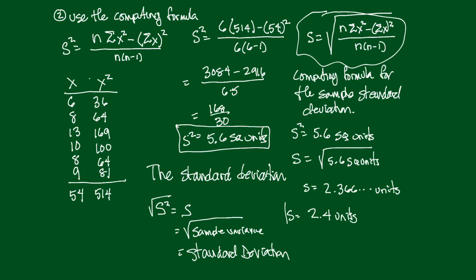So I'm going to say that the standard deviation is 2.4 units. Remember what that standard deviation does? It gives us a feel for how many units each piece of data is from the mean. So I'm going to write this down, and then we're going to be done with this section.